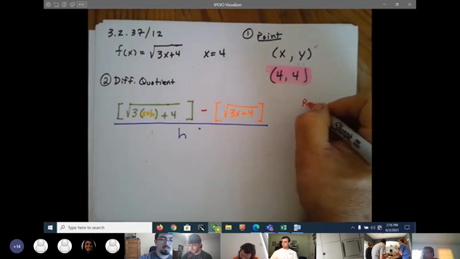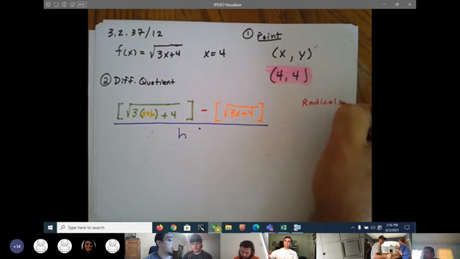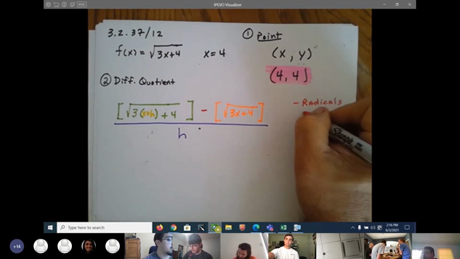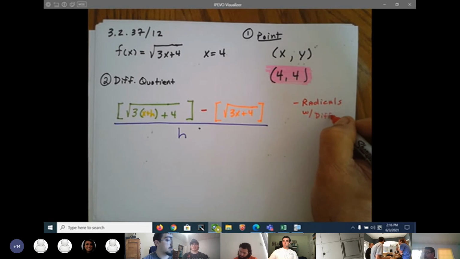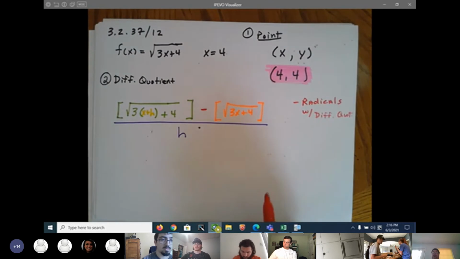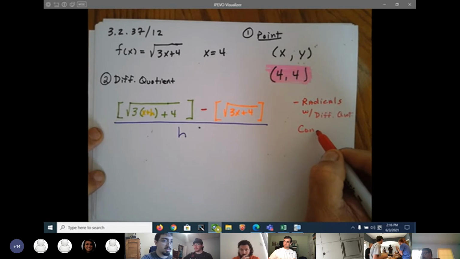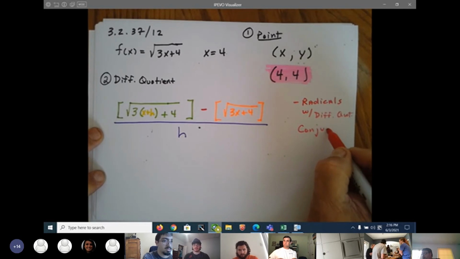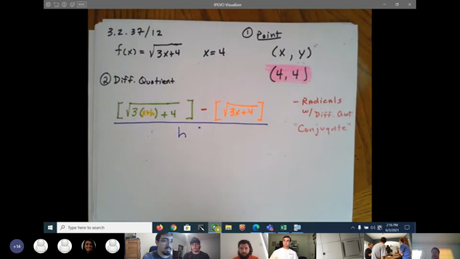Now, I'm going to get the red marker out. We've got radicals. What have I told you about radicals? When you see radicals with the difference quotient, that means you're going to have to use the what? The conjugate.